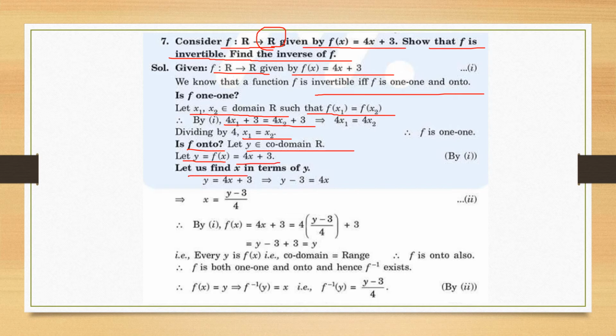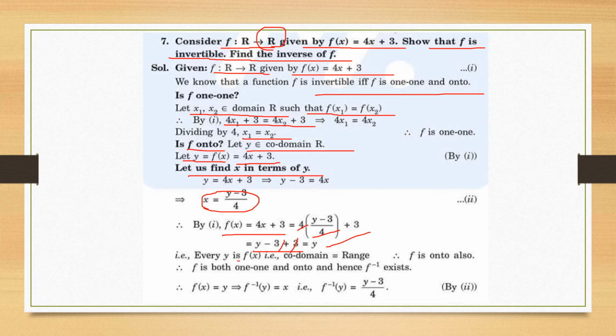Now I have to express x in terms of y. So I'll get x as y minus 3 by 4. So take fx and in place of x put this value, and this turns as 4 times y minus 3 upon 4. This will get cancelled, and I'll get y minus 3 plus 3, which again gives me y.